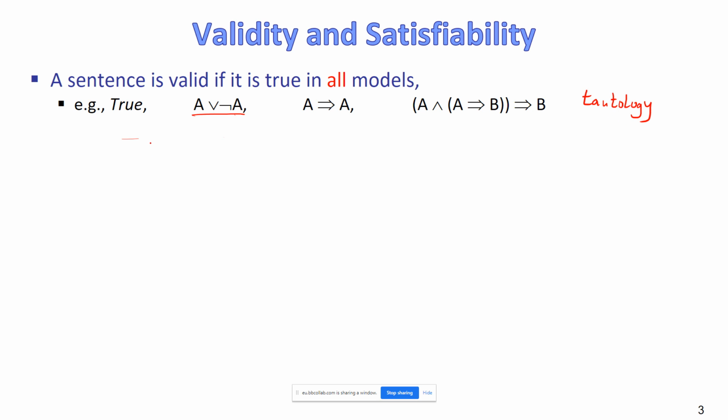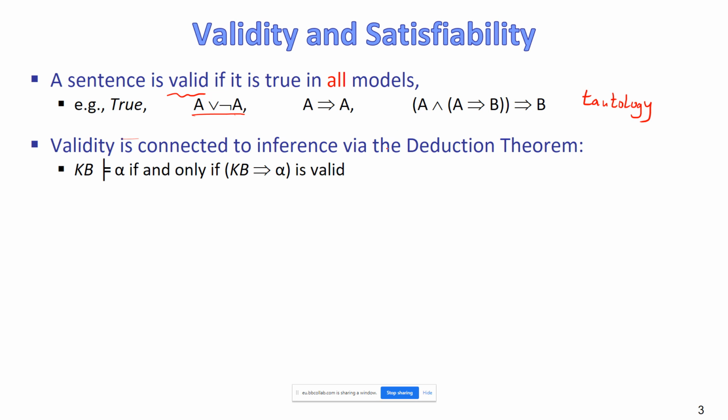But in this context we call it valid. So a valid sentence means a tautology. Now, how is that connected to inference? Here is how.